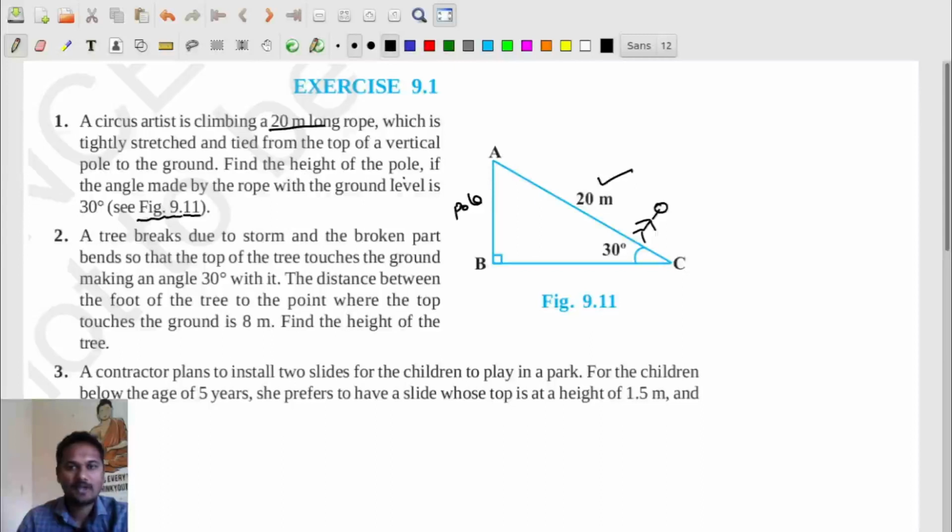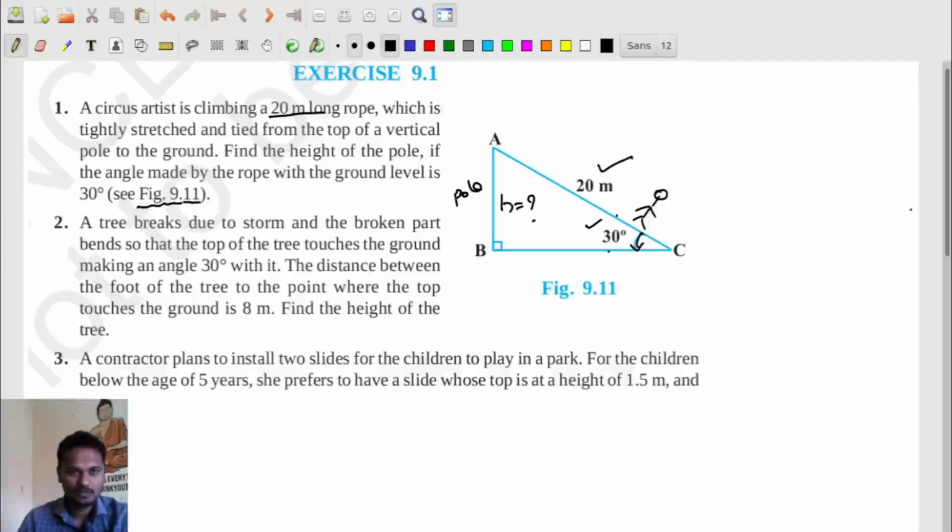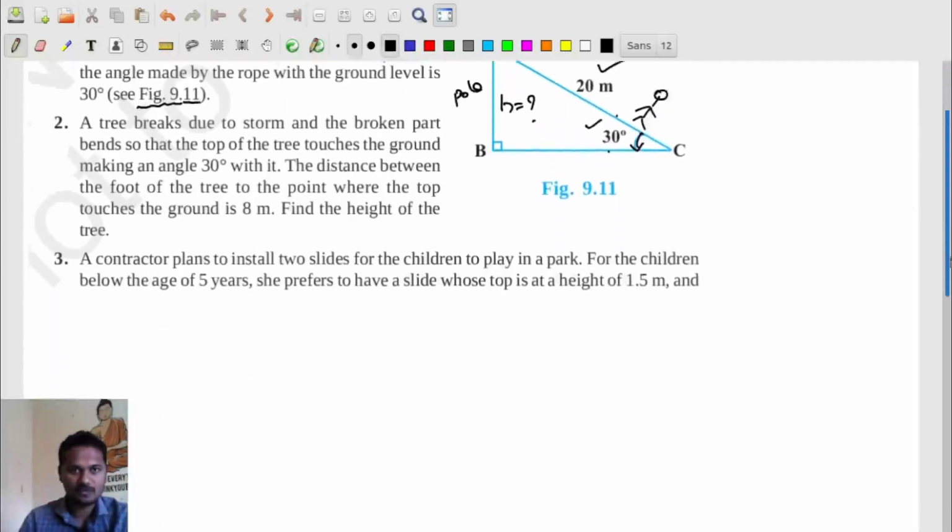Find the height of the pole if the angle made by rope with the ground level is 30 degree. So even this angle made by rope with the ground is given here, and we need to find the height of the pole, right? So this can be solved in 2 to 3 steps. So let me start with the solution of the first question here.